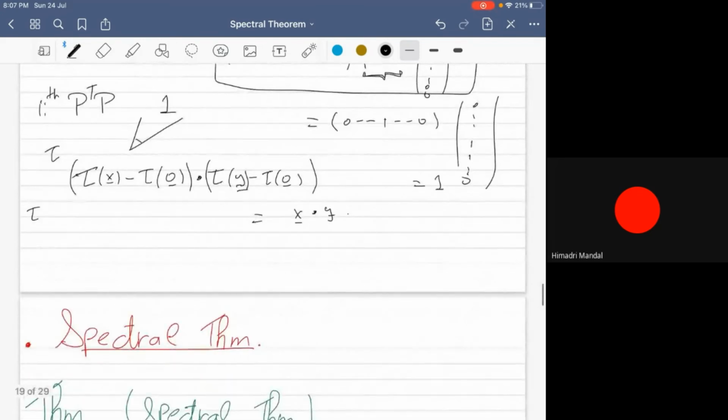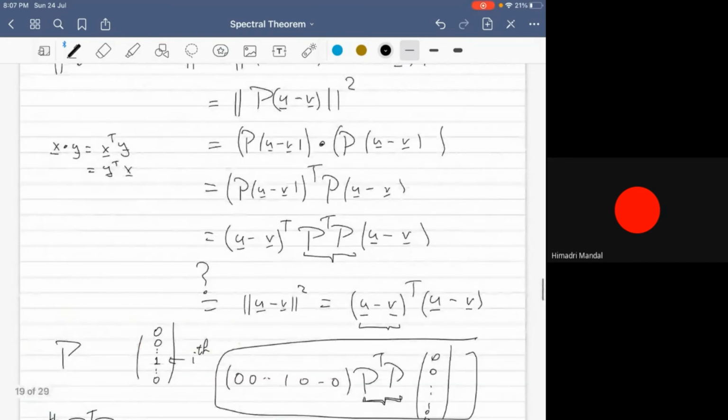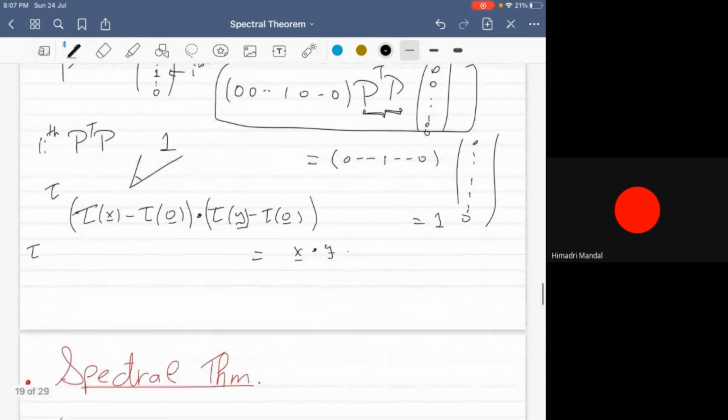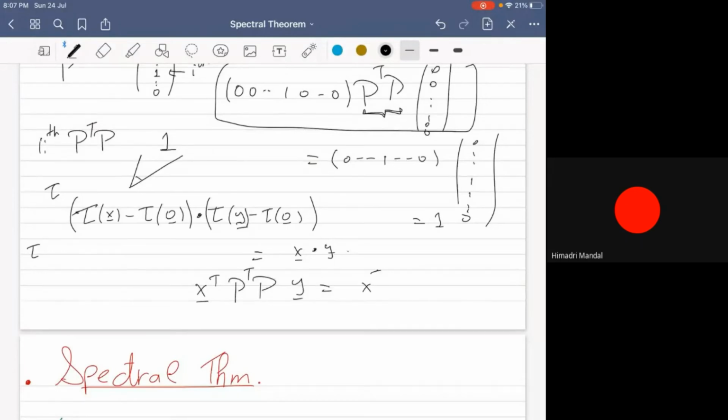using the exact same expansion as here, we get that for any vectors, x transpose P y would be x transpose y.